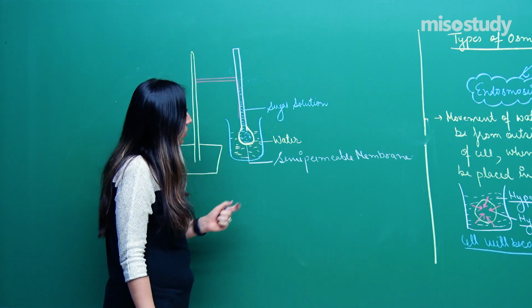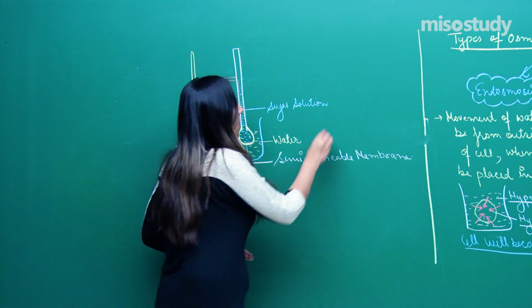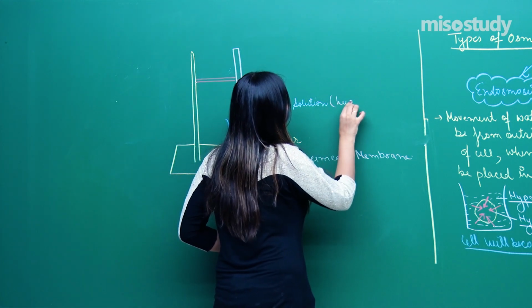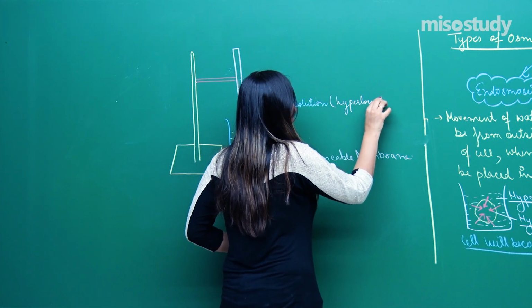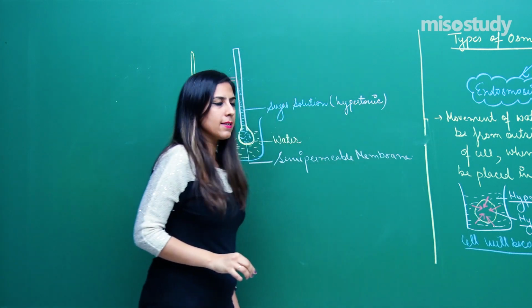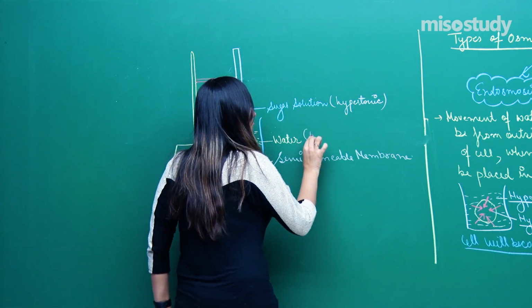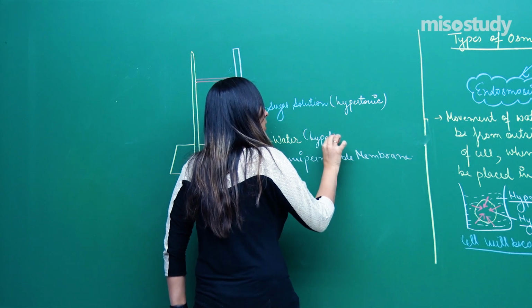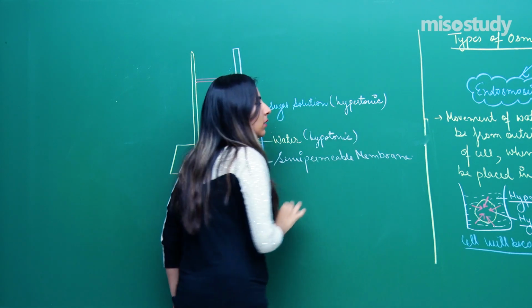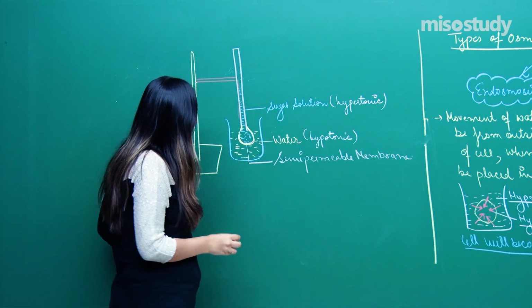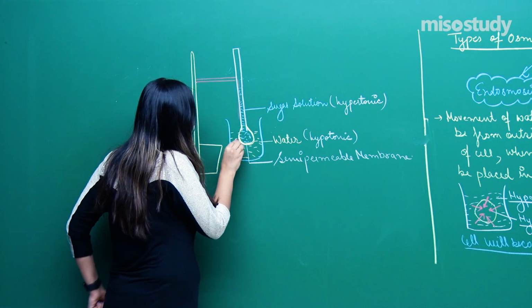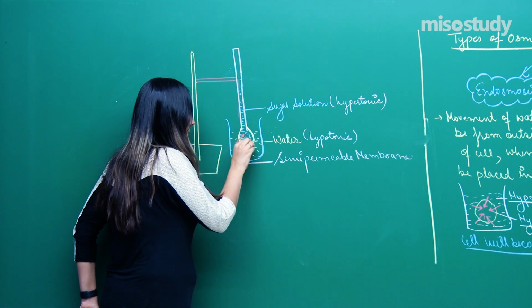This sugar solution, as compared to the water, is a hypertonic solution. Right? Whereas this water is hypotonic. Now what will happen? The water will migrate across this semi-permeable membrane.